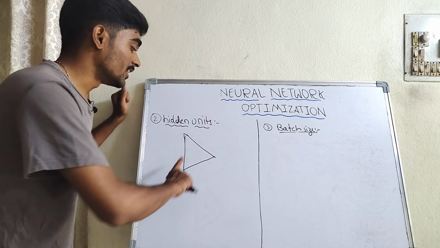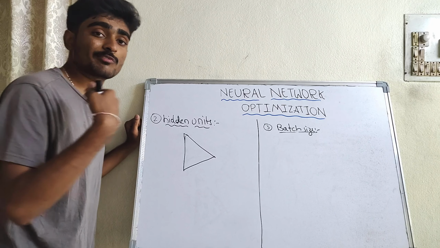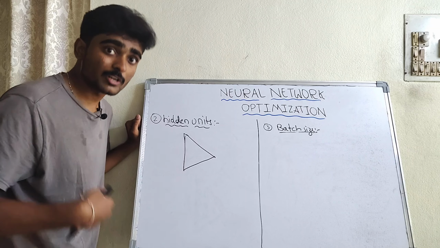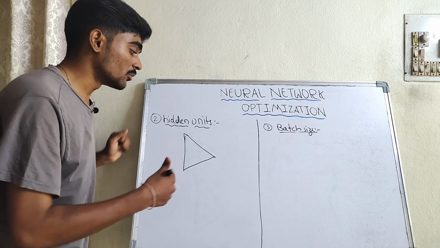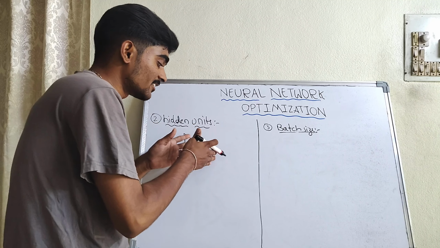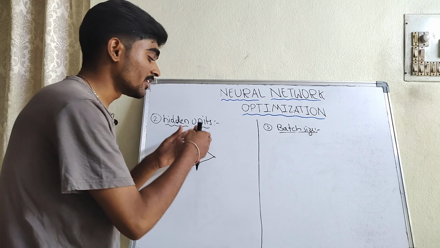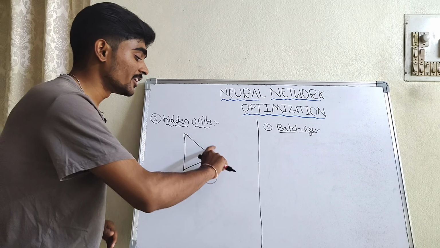Initially when we have more hidden units in the hidden layer, more primitive features are extracted, meaning more basics are learned. So when the model learns more basics, understanding the complex features is also easy. So the number of hidden units in the deeper hidden layers will be much less.